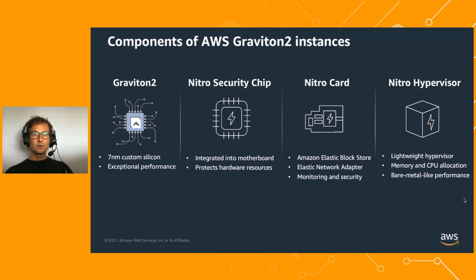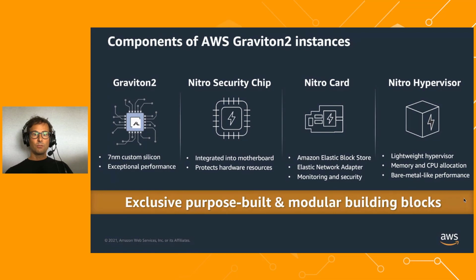We use the Nitro cards, with which we are emulating in hardware all the devices that are made available to our virtual machines. And we use the Nitro hypervisor, which is a lightweight hypervisor running on top of the Nitro system that is providing bare metal-like performance to our virtual machines.